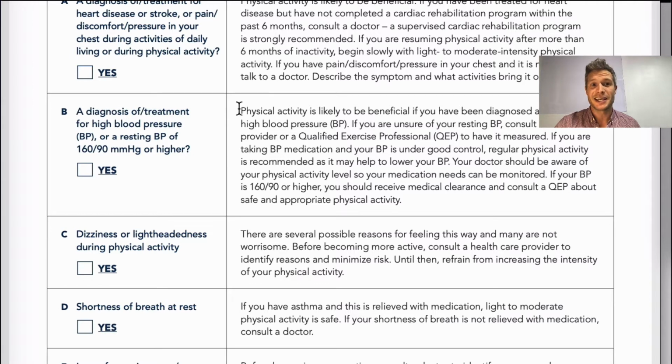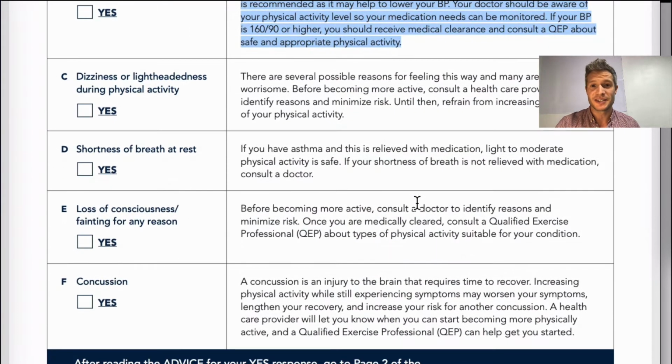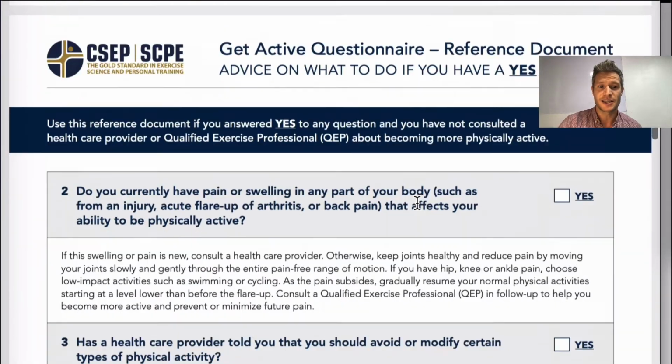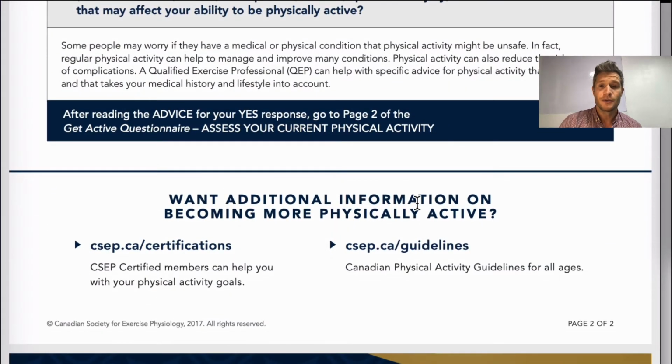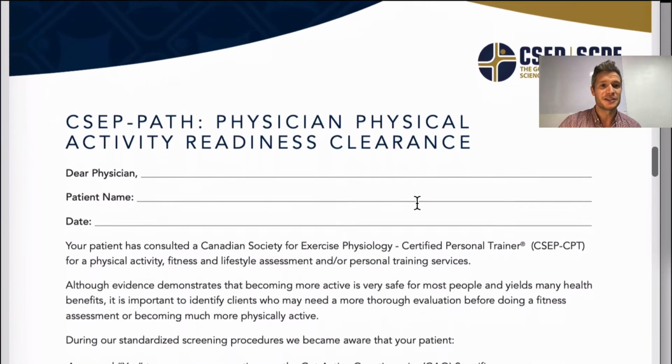You'd say yes, and then here's some directions on what you should do. The gist of this form is exercise is probably going to be good for you, but you need to check with your physician first to see if you can undertake that, which is pretty standard, I think, for a lot of health conditions.